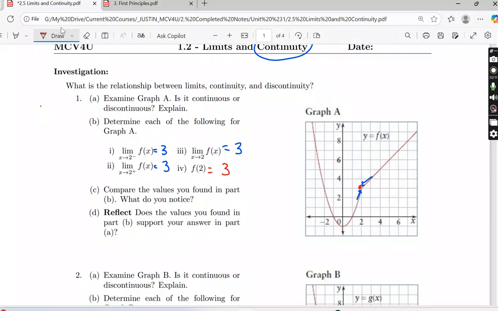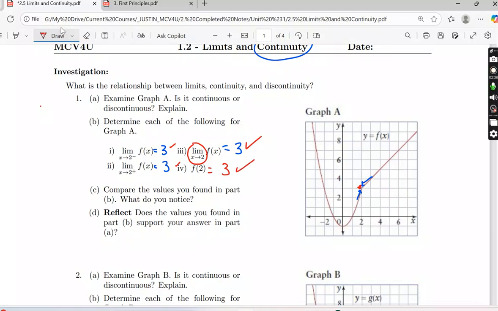Compare the values you found in part B. What do you notice? They're all the same. Do the values you found in part B support your answer in part A? Yes, since the limit as you approach from the left and the limit as you approach from the right both are the same value, which means the limit of f(x) as x approaches 2 is indeed 3, and the fact that f of 2 is also equal to 3, we can say it's continuous.